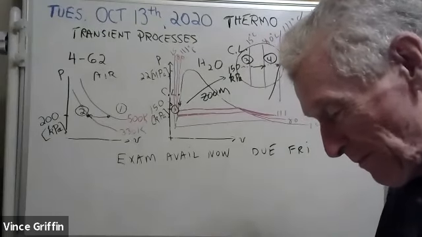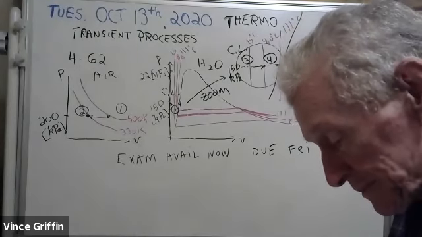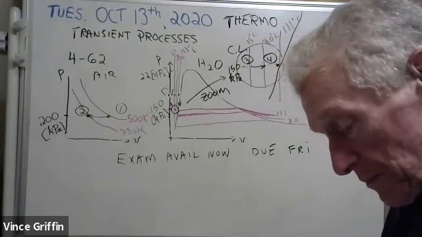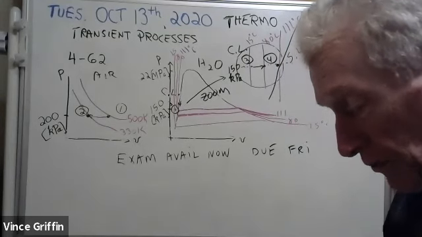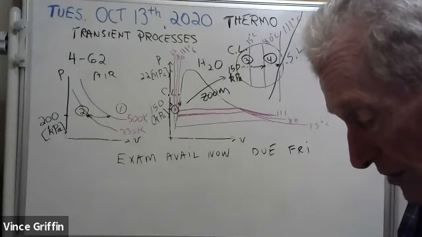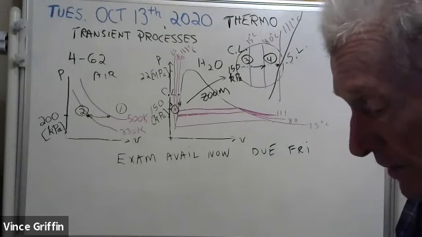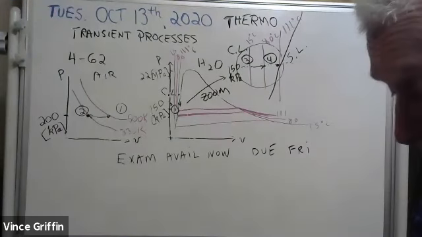All right, now the topic for right now. I wanted to do a couple of things. I wanted to do a nozzle with English values. That'd be good for us. And then I wanted to do a transient process.